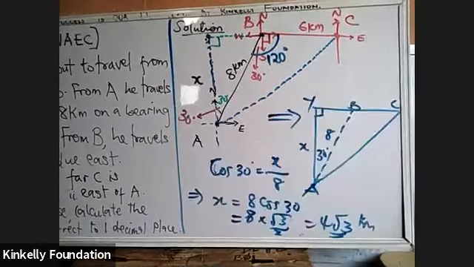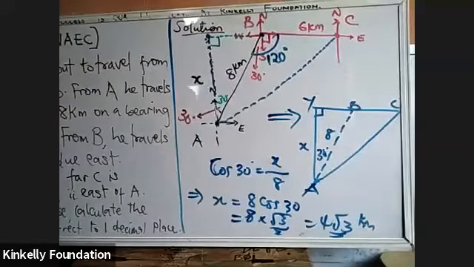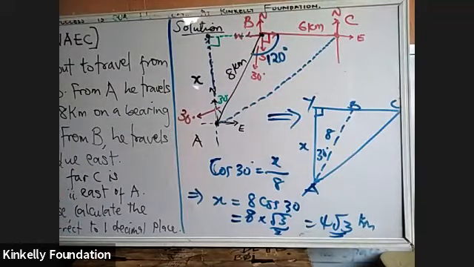Okay. Now, when you find this one, we now have to find the second one. What's the distance of C east of A? That's how far is C east of A?